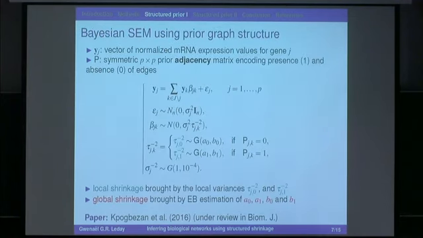So basically, the first extension, which was carried out by Gino, a PhD student in Leiden, was to incorporate the prior structure of a network. And how we do that is that we simply specify two types of variances. We structure our global shrinkage prior on two precisions: one precision for the edges that are a priori in, and one for those that are a priori not there.